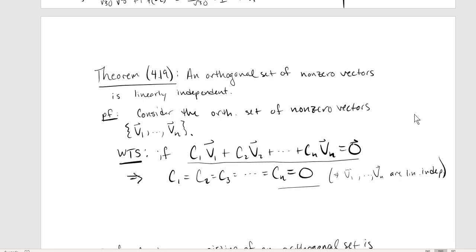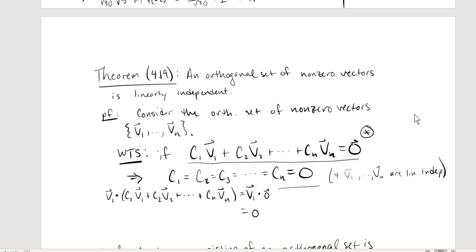So I think we can see this pretty quickly. Let me take this equation here that I'm labeling with star, and let me dot V1 on it, on both sides. Well, then on the right side, 0 dotted with V1 is the zero scalar.